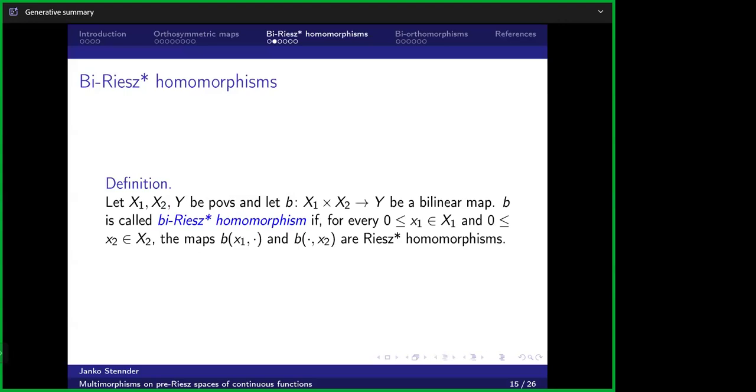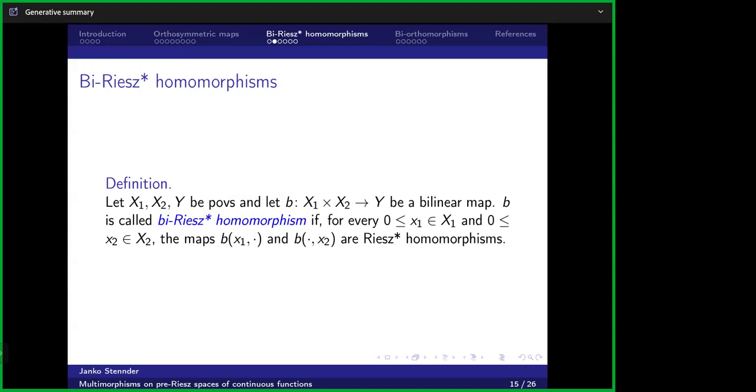We then have some partially ordered vector spaces X1, X2, and Y, and some bilinear map. And we call this a bi-Riesz star homomorphism if, for any positive element, we put it in the first or the second component of our bilinear map and fix it, then those linear maps have to be Riesz star homomorphisms.